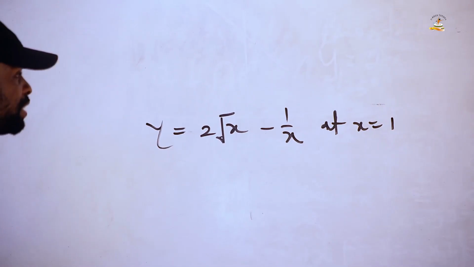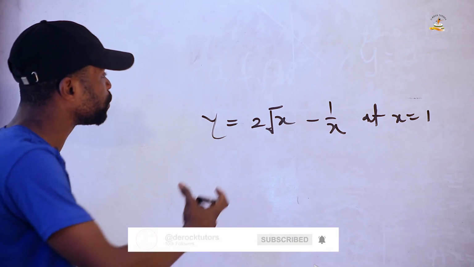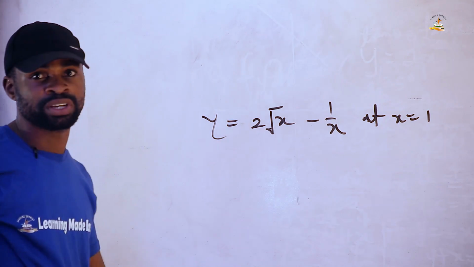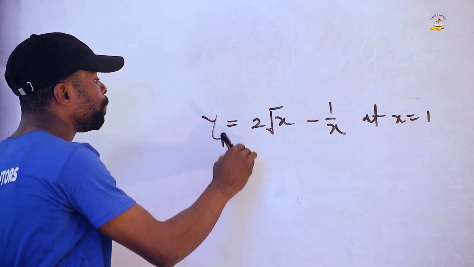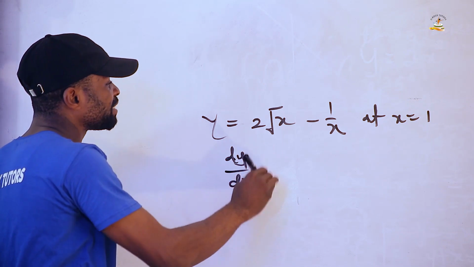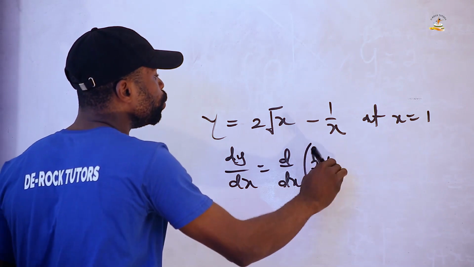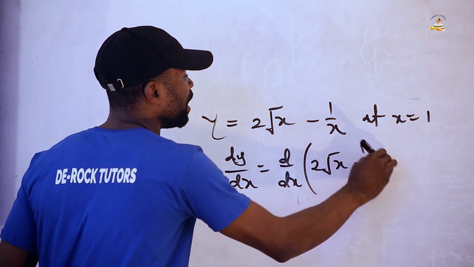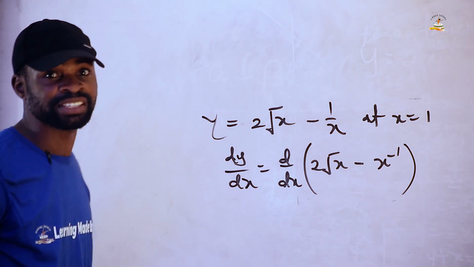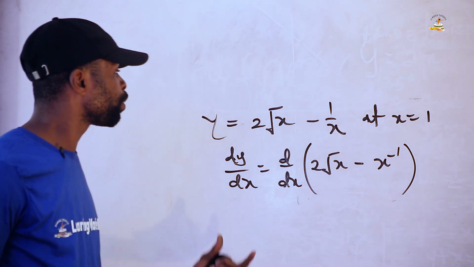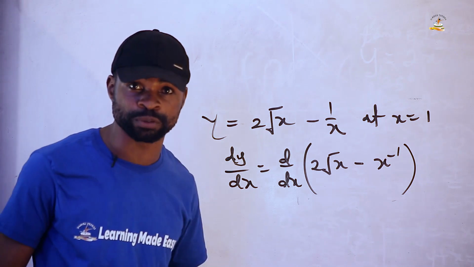Just like the previous question, what we have to do here is to differentiate this given equation with respect to x. Therefore, we put dy/dx equal to d/dx of 2 root x minus x raised to power minus 1. Remember, we want to evaluate its derivative at x equal to 1.